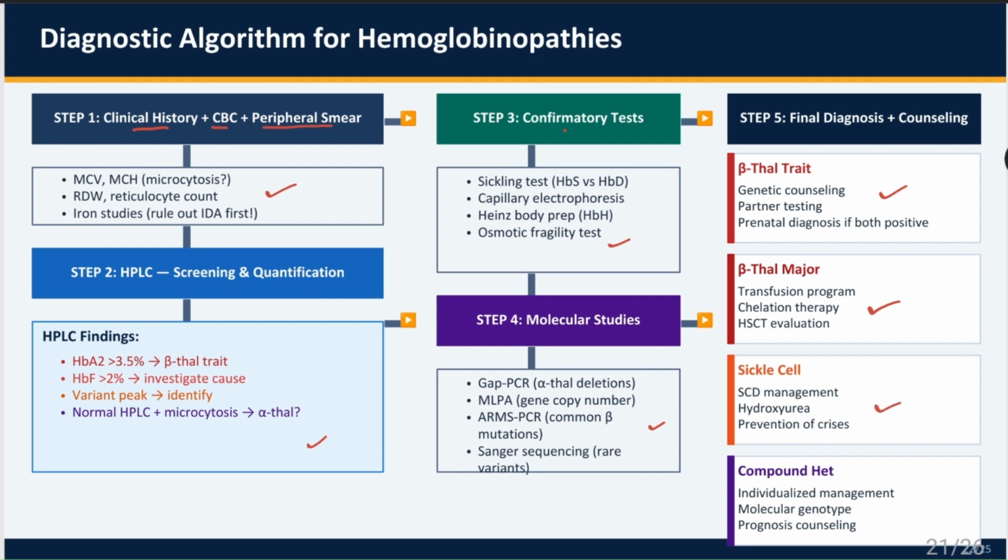In case of sickle cell disease, we can plan hydroxyurea therapy, and we can prevent the crisis due to the sickling of RBCs. And in case of heterozygous and compound heterozygous individuals, we can perform molecular genotyping and do prognosis counseling.